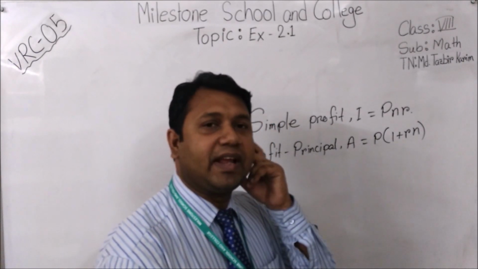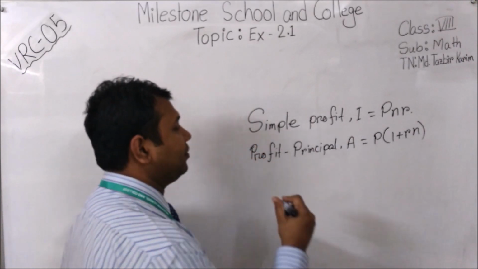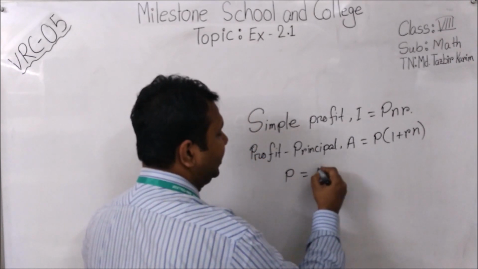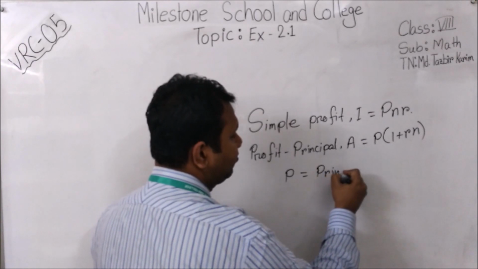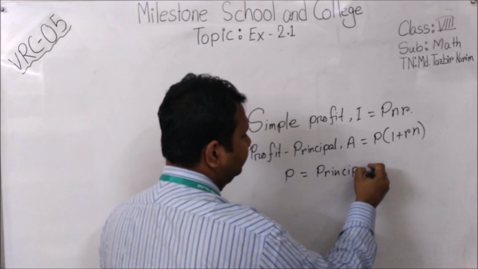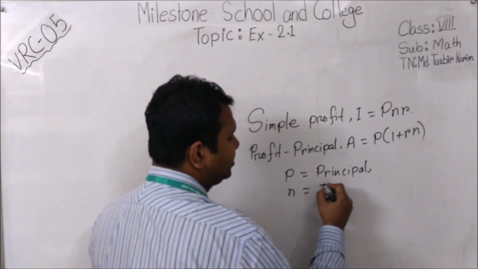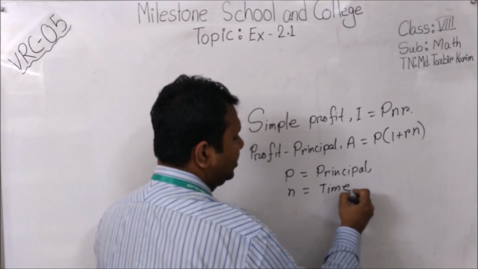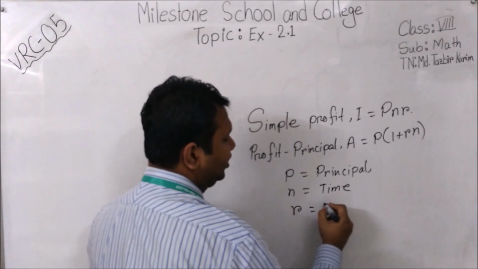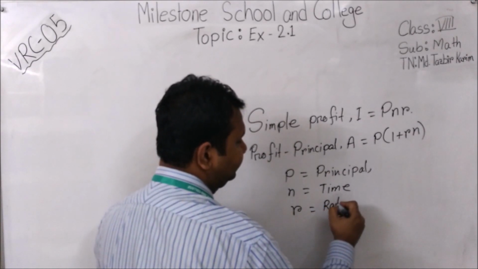You have to understand here P is for principal, then N represents time, and R is the rate of profit.